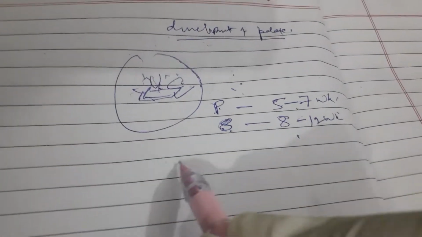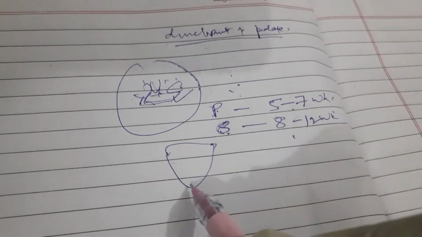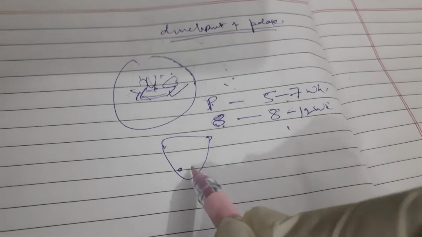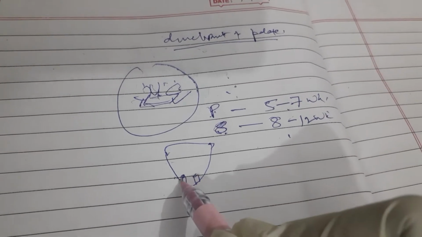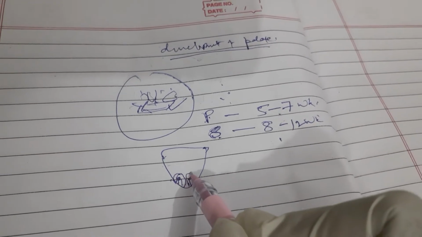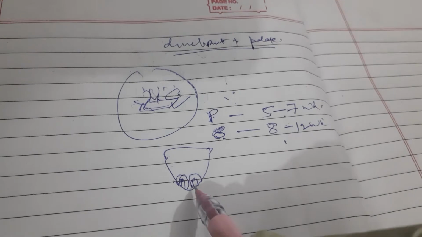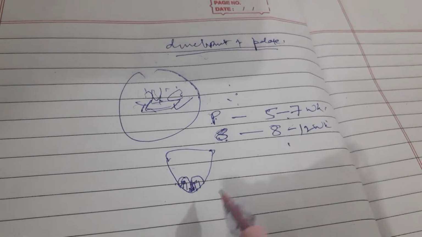Now primary palate is formed by this, our frontonasal process, we all know, and there is the pit that develops, which later develops into a groove. Then there is the medial nasal process and the lateral nasal process on the right side and the left side as well. Now these two medial nasal processes get united.